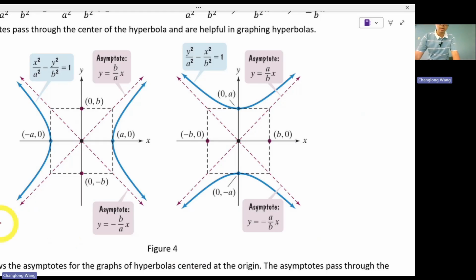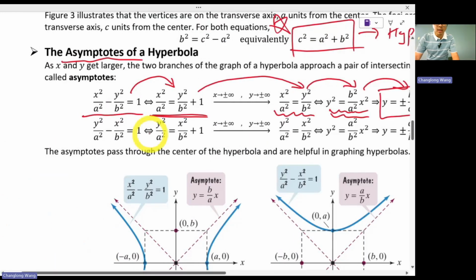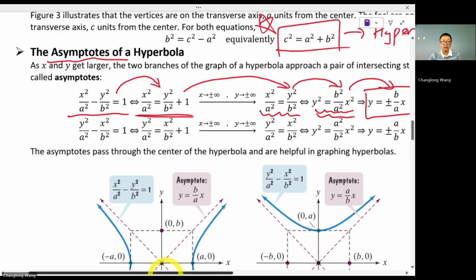So now let's see the logic behind the second line of work, which is obviously representing a vertically opening hyperbola. Do you guys see that? With the negative sign associated with the x, that means the y is going to be positive. It means it's going to open up and down.